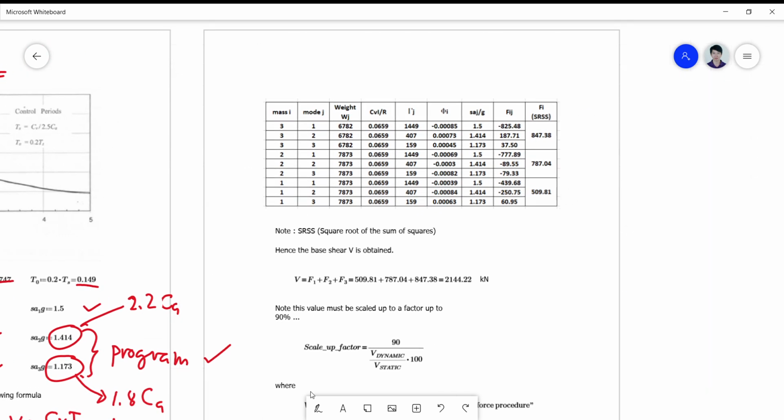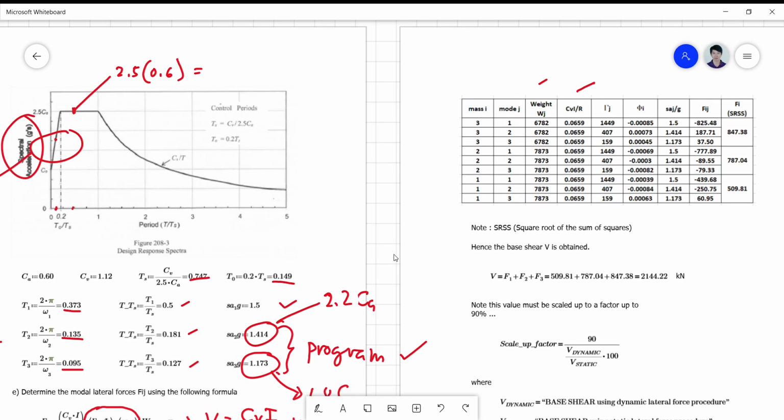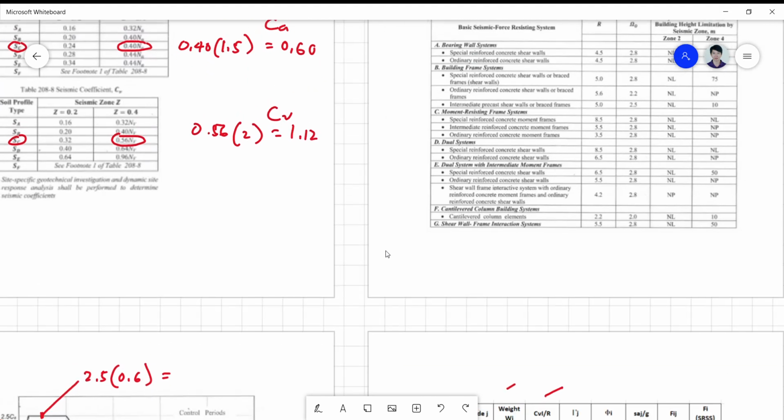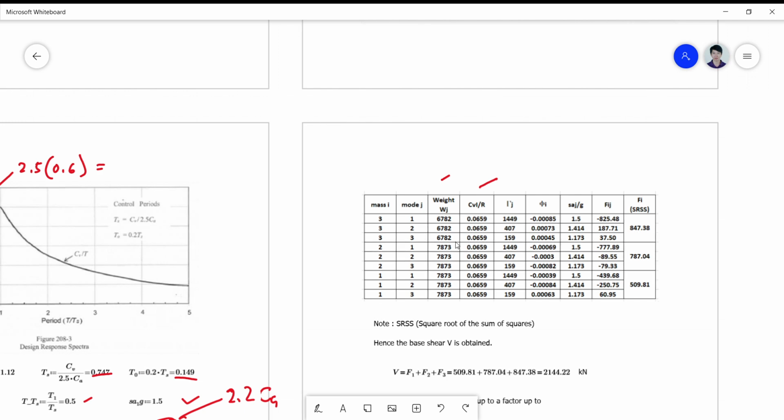So you tabulate it using the weight, CVI over R. We know that this CV is 1.12. So 1.12 times 1.0 over 8.5. So that's the value there.